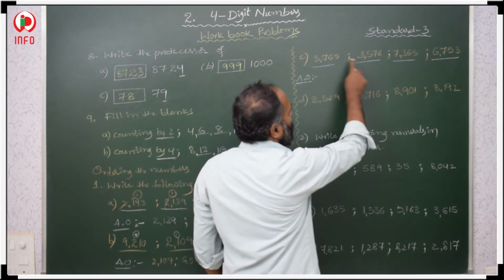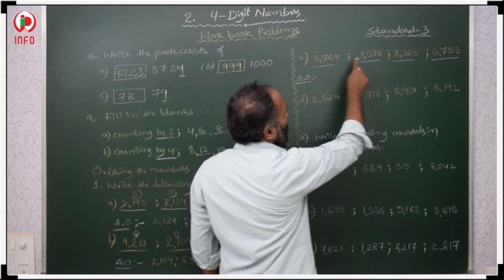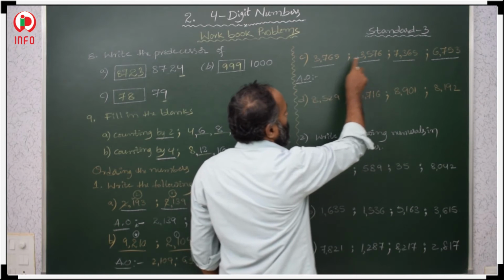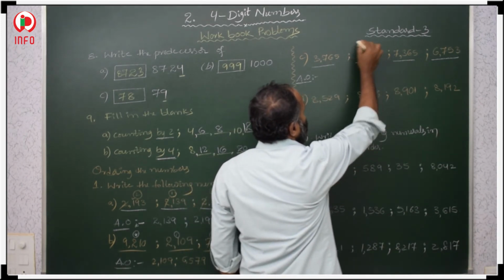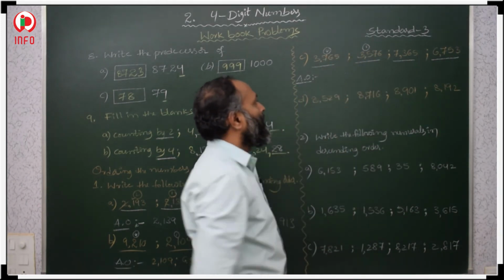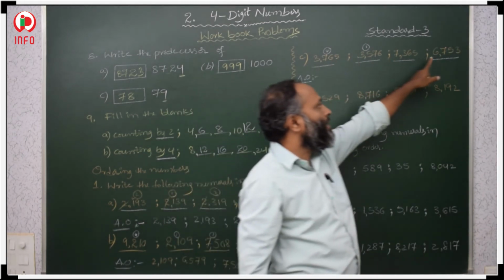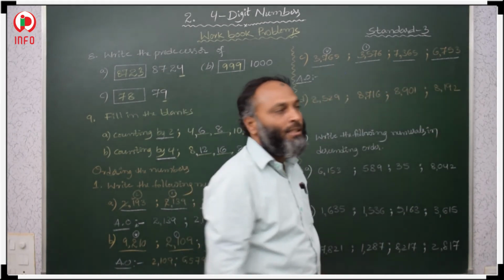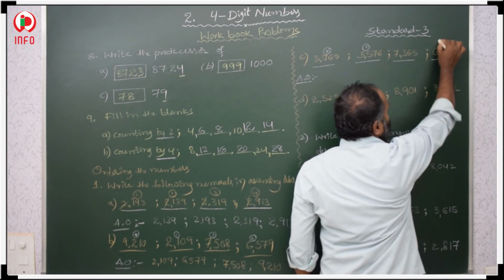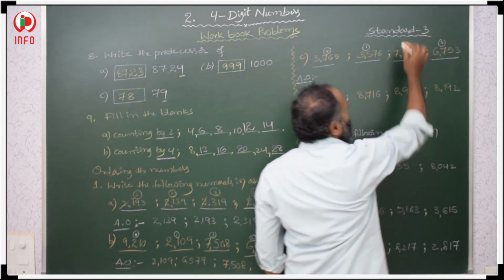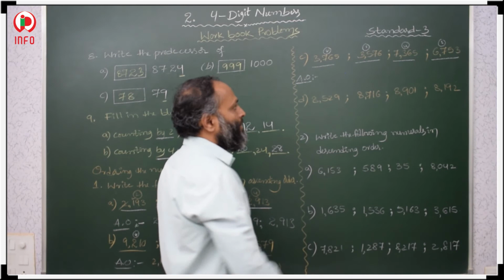3000, 3000. Here after that 700 is there, here 500 is there. Between 7 and 5, this is the smaller. This we have to take first, this is second. After 3000, 6000 will come. This is in third place, this is in fourth place. Okay, now you start.